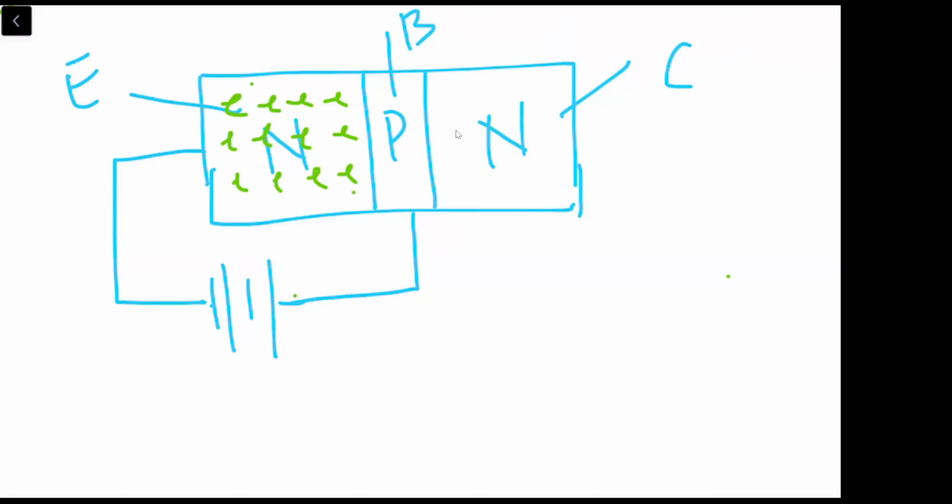And we have also said that the base is lightly doped and the size of the base is very thin as compared to the size of the emitter.